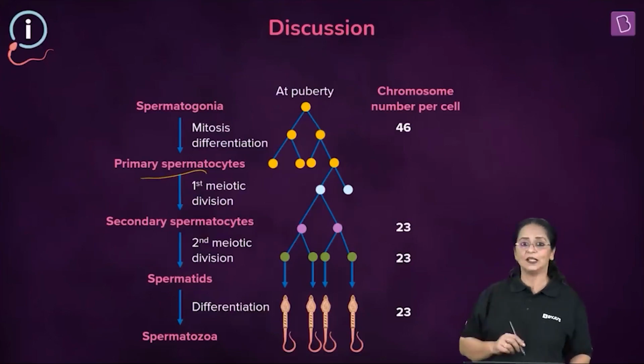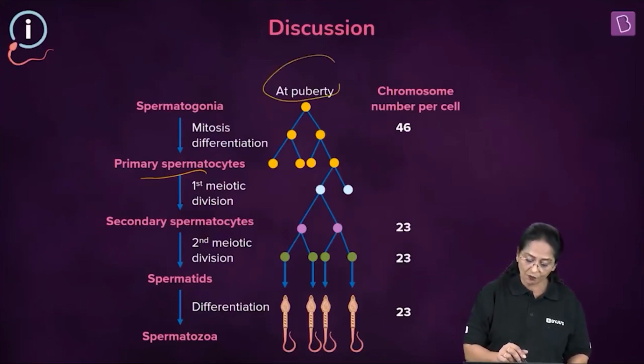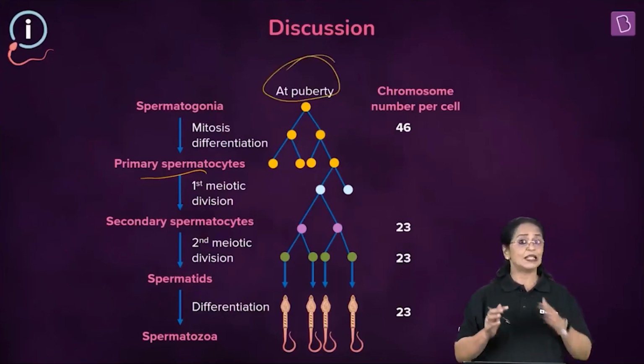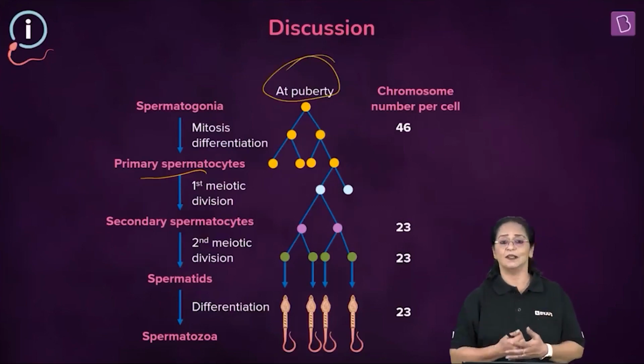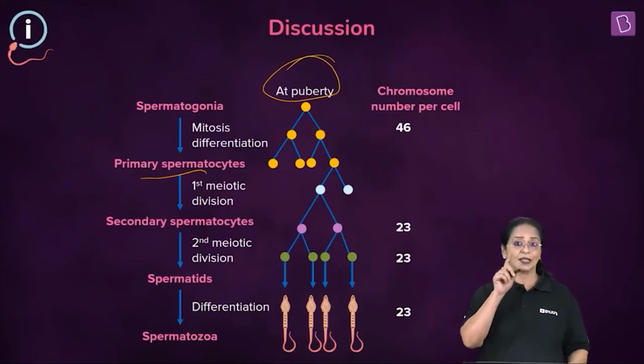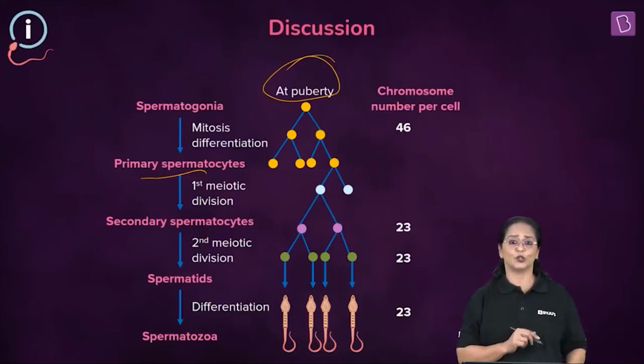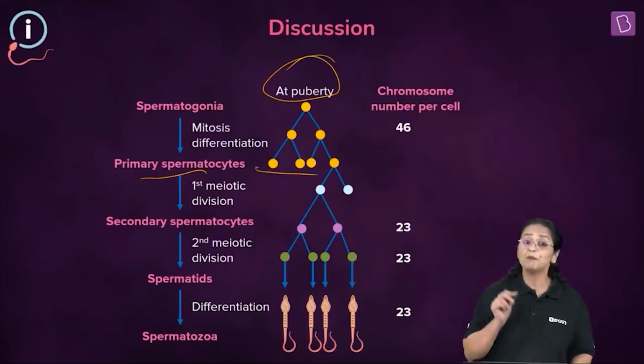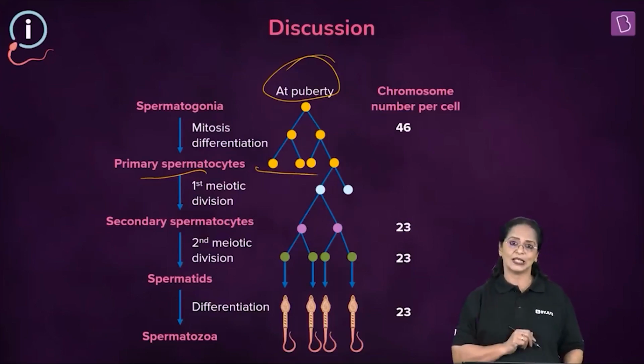So what you see here is a diagrammatic representation of spermatogenesis. At puberty, when secondary sexual characteristics set in, the germ cells lining the seminiferous tubules start undergoing mitotic divisions and form primary spermatocytes.